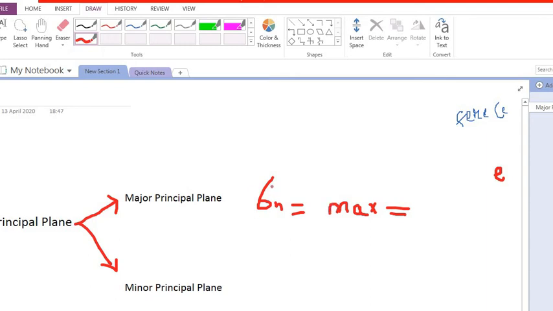When normal stress is maximum, I will say that is the major principal plane, right? Now what is the minor principal plane?